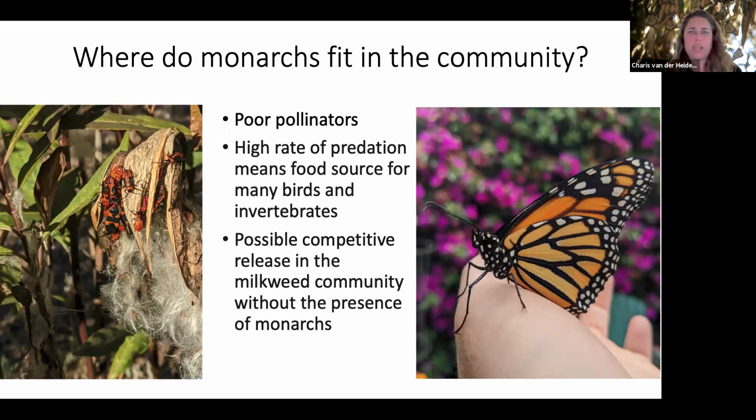So where do monarchs fit in the community? Interestingly enough, monarchs make very poor pollinators. They're so efficient with their long legs and their long proboscis that they just don't pick up the pollen the way a bee does. So they're not great pollinators, but they are a great food source for a great many birds and insects and invertebrates.